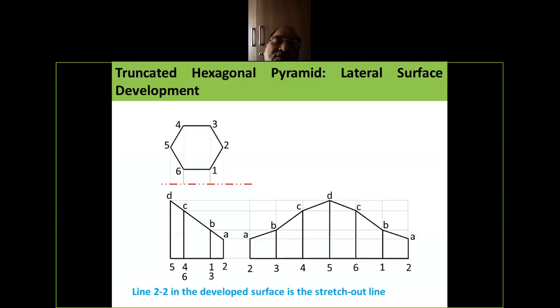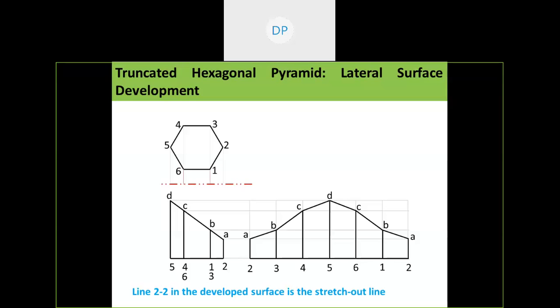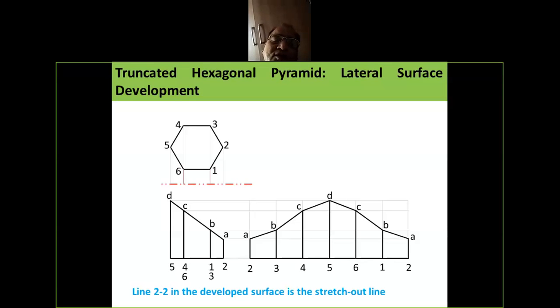So first of all, you have to draw the base of the pyramid, a hexagon. You can draw the hexagon by two methods, but it will be better to draw by the general method, that applies equally to all other sides, that is 7, 8, 9, 10, 12, whatever the number of sides.